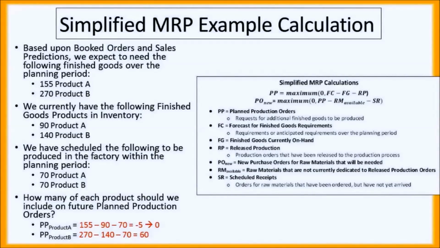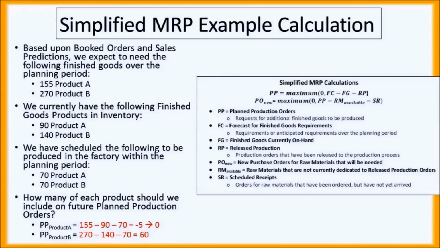So in this case, we're just going to follow the formula for planned production orders that's up there at the top. The first one's going to be the maximum of either 0 or the sum of these values. It's going to be the forecast for finished goods.